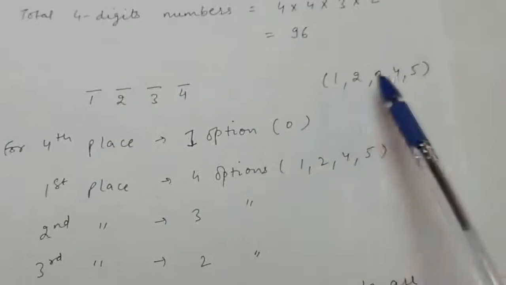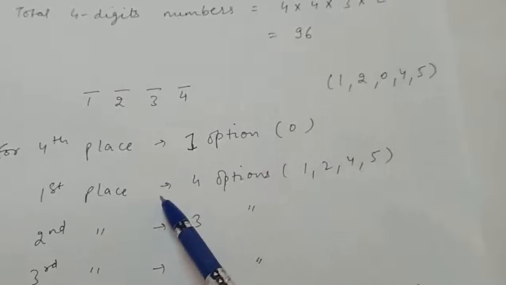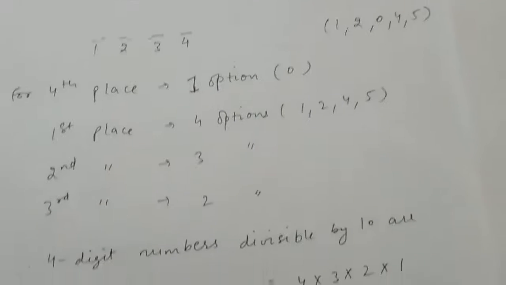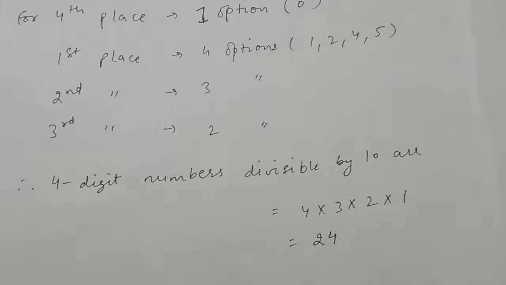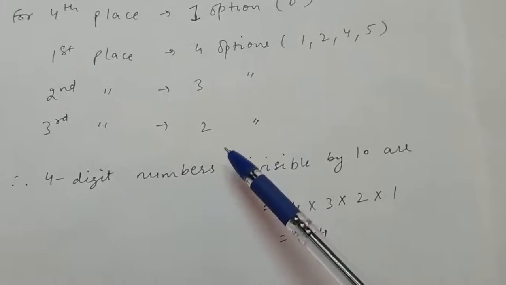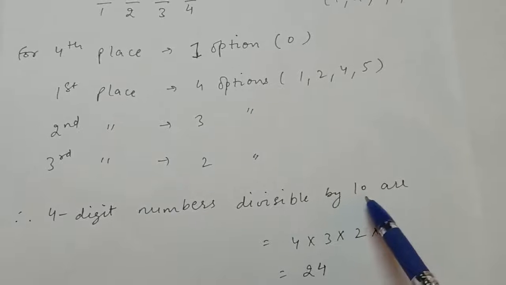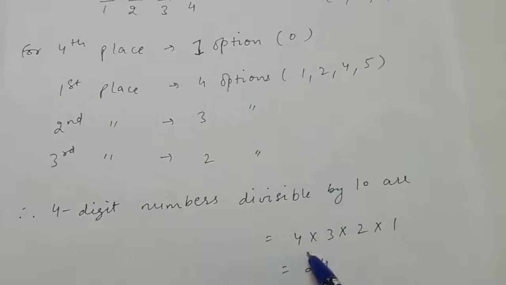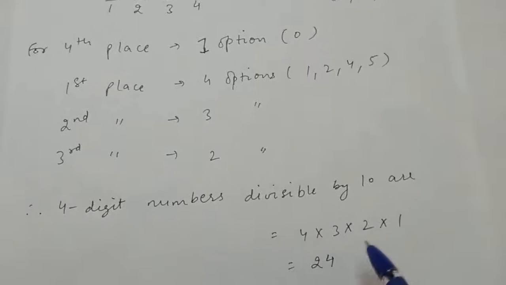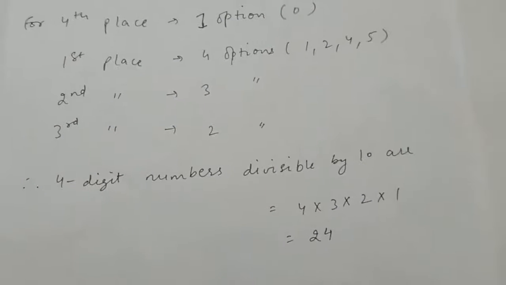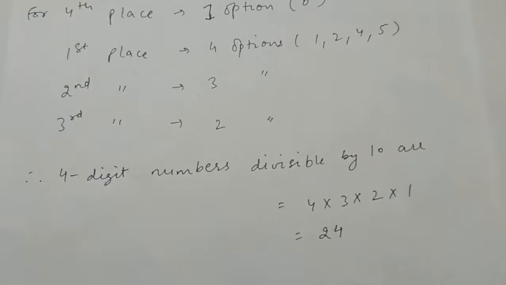Except 0, any digit can come. So for the first place also we have 4 options. Then for the second place 3 options, and for the third place 2 options, right? So the total 4-digit numbers which are divisible by 10 are 4 into 3 into 2 into 1, that is 24, right? So these are the solutions of the test of chapter 7.